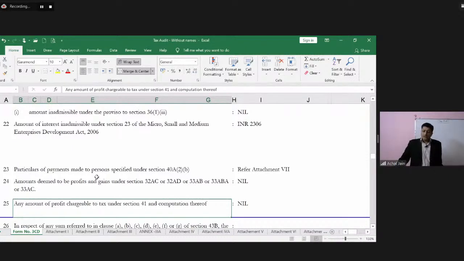Moving on to clause number 22. It says amount of interest inadmissible under section 23 of the Micro, Small and Medium Enterprises Development Act 2006. Now this is something which also requires a disclosure in the financial statements these days.